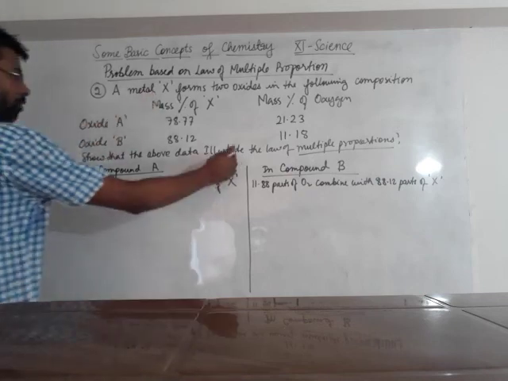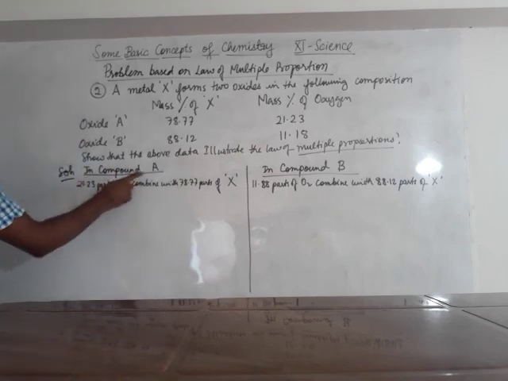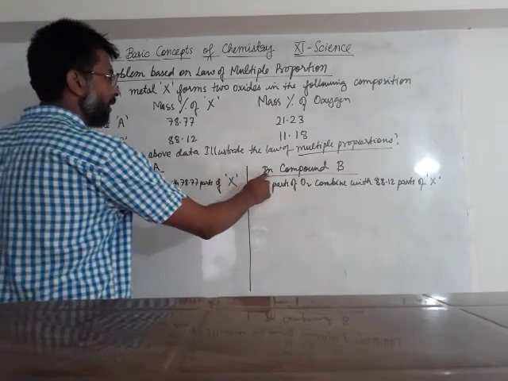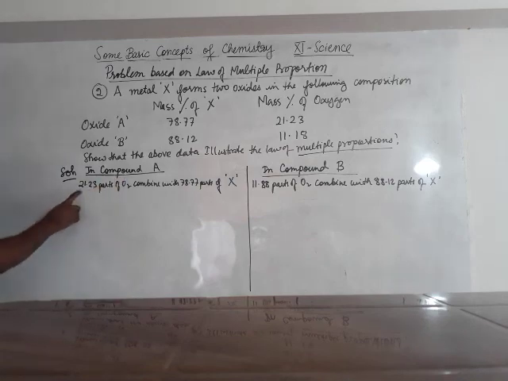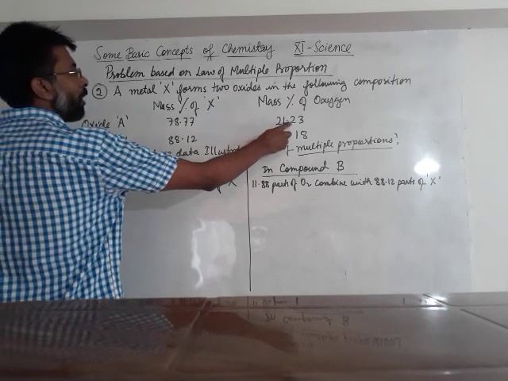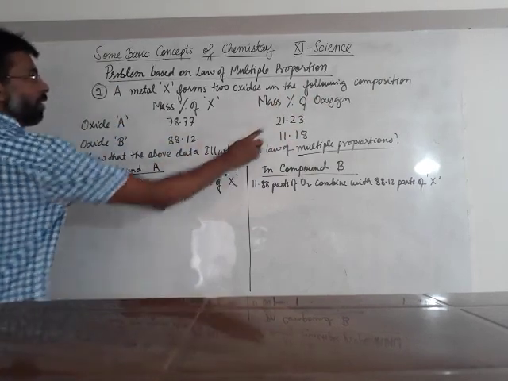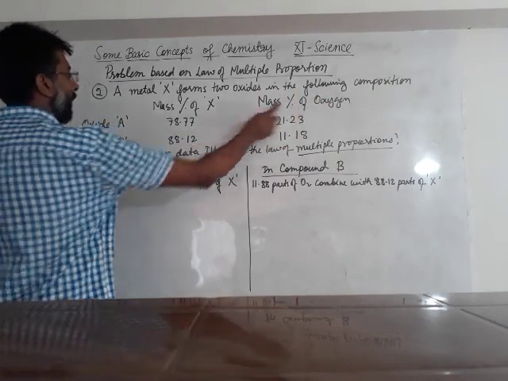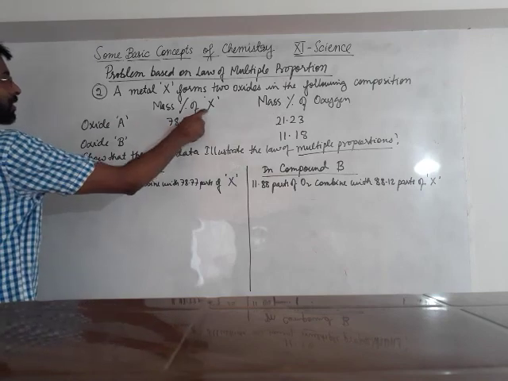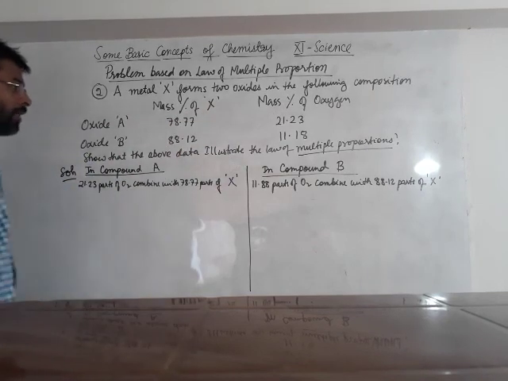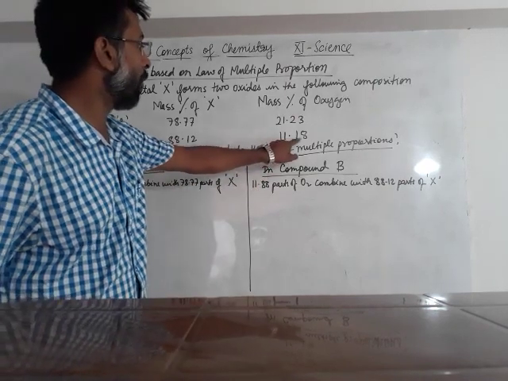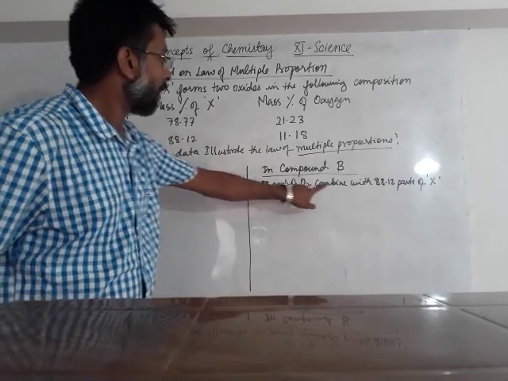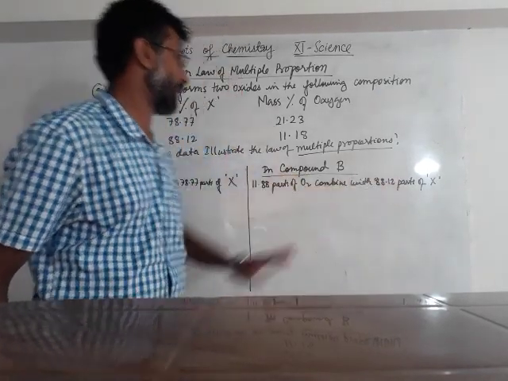Make two columns: compound A, compound B, or oxide A, oxide B. Under compound A, I write 21.23 parts of oxygen combined with 78.77 parts of X. Similarly, in the second column under compound B, I write 11.18 parts of oxygen combined with 88.12 parts of X.